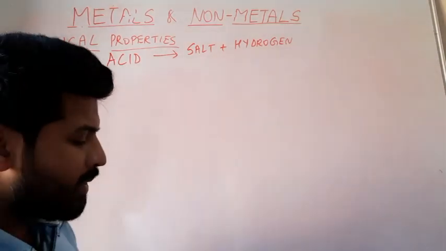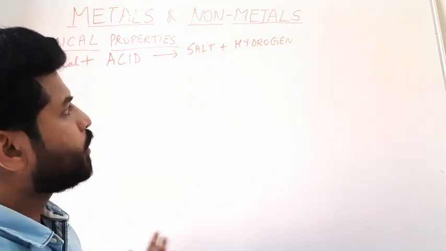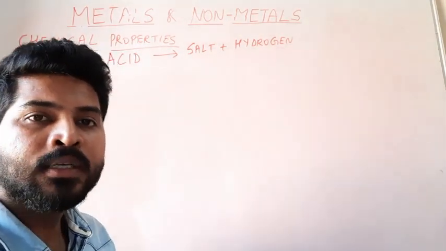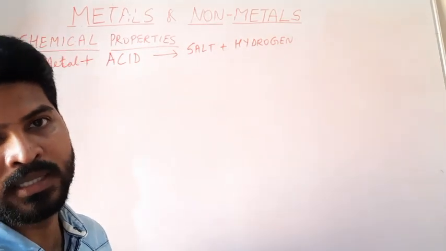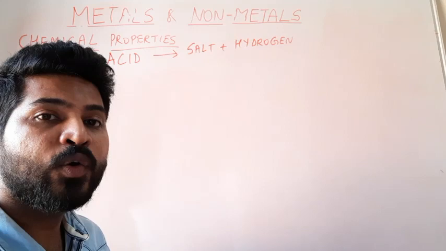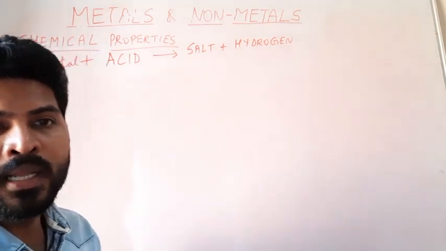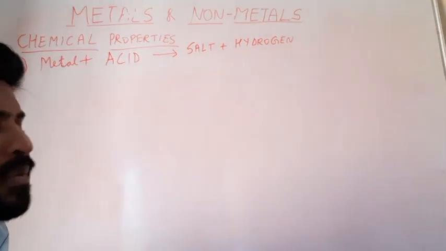But as we saw in the previous two cases, all metals do not show equal reactivity with acids. Some metals are more reactive, whereas some other metals are less reactive. So with the help of a simple activity, we can find out the reactivities of different metals with acid.